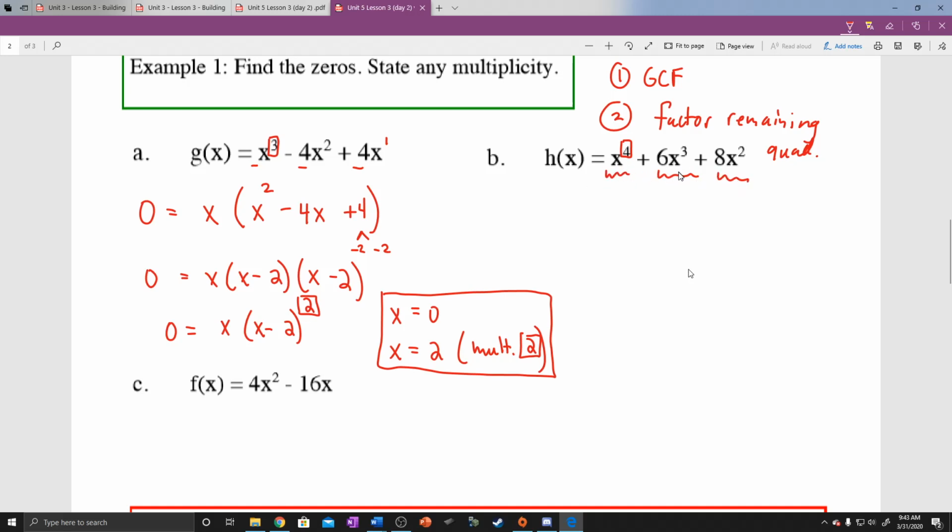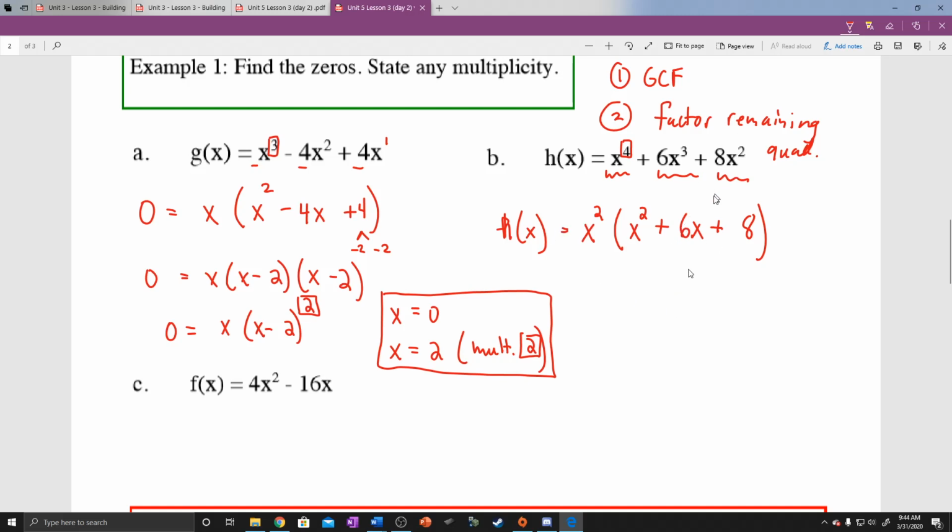But I can factor 2 factors of x out of each of these terms, because 2 is the highest degree that I see. So x squared, and then x to the 4th divided by x squared is x squared. You subtract these exponents, remember, plus 6x, plus 8, equals h of x, not f of x.